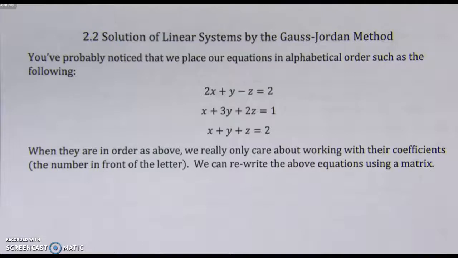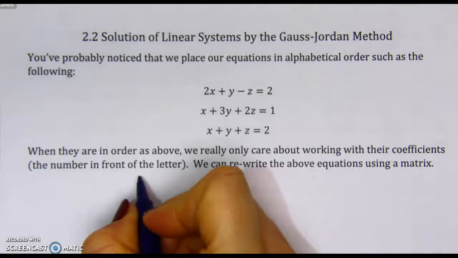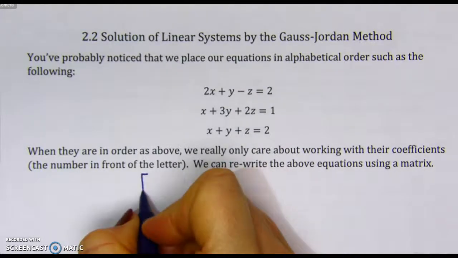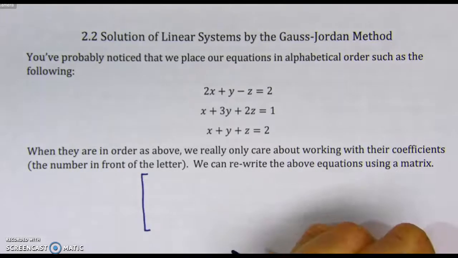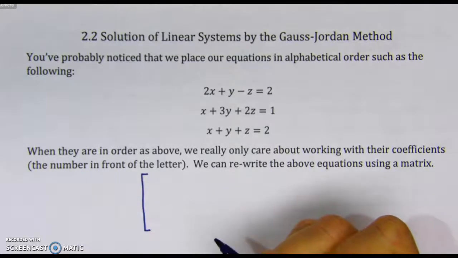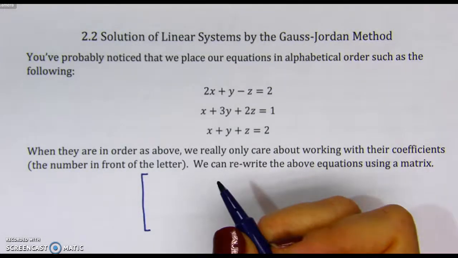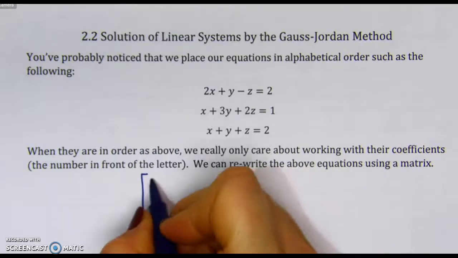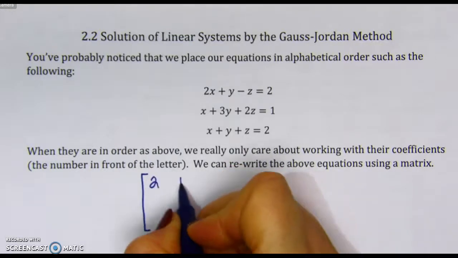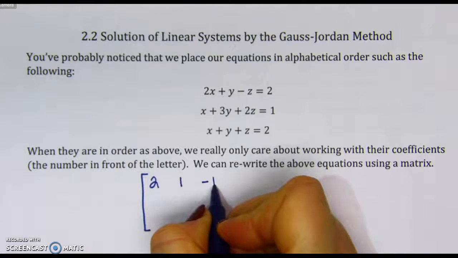We can write the above equations using a matrix. So I'm going to pull the coefficients from above. My 2x plus y minus z equals 2, I'm going to have it as 2, 1, negative 1. I'm going to put this bar here.